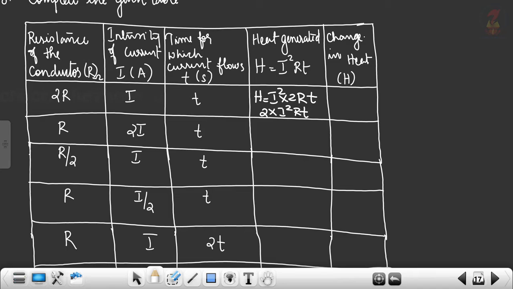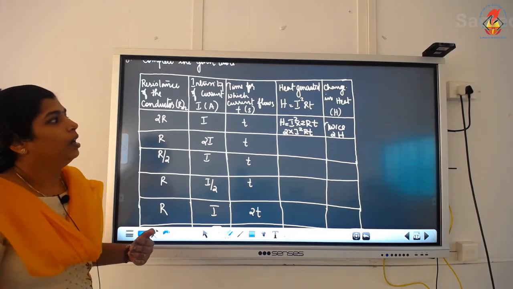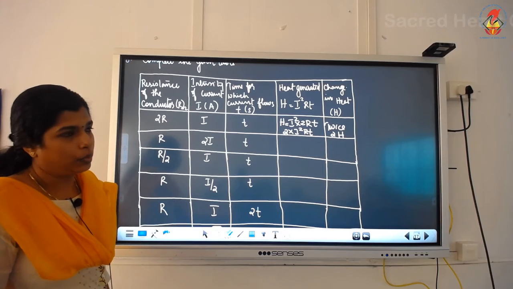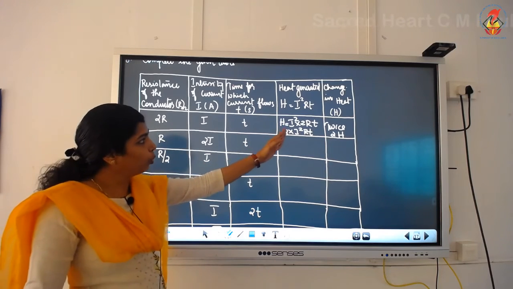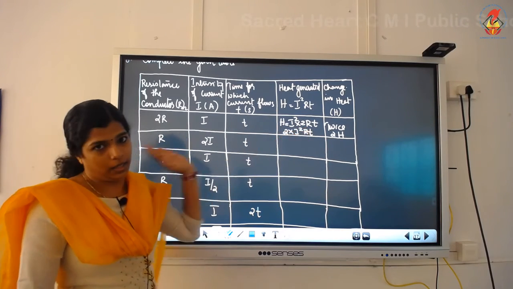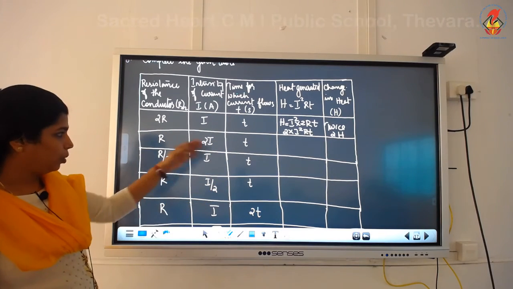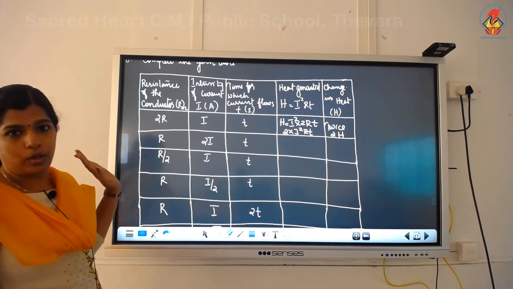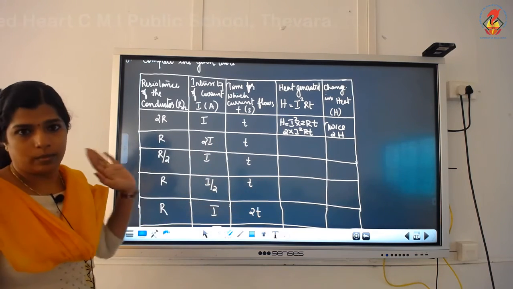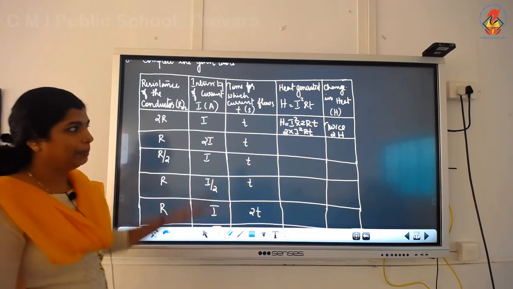The heat energy is increased twice. So, 2H heat, 2 times the heat is developed, as per this equation, 2 into I squared R T. So, that much change in the heat will be there. So, direct way you can substitute and you can find the other answer. Complete the table.